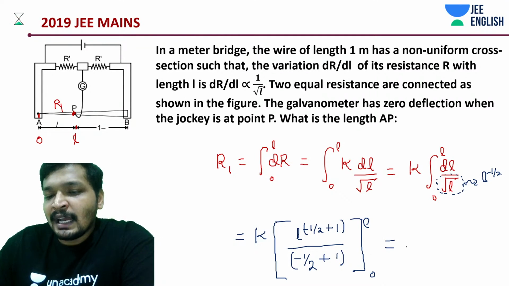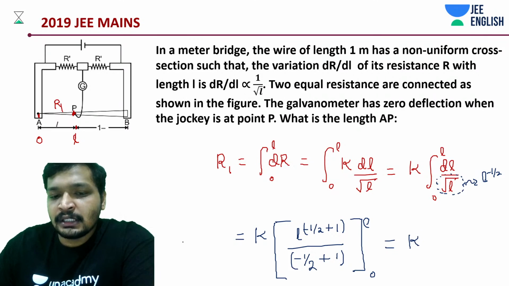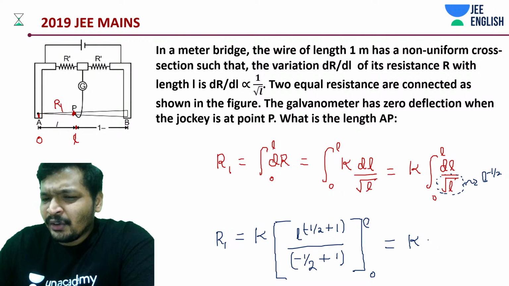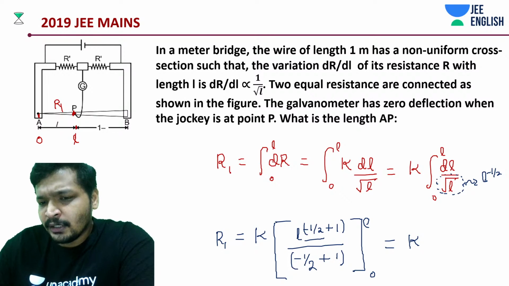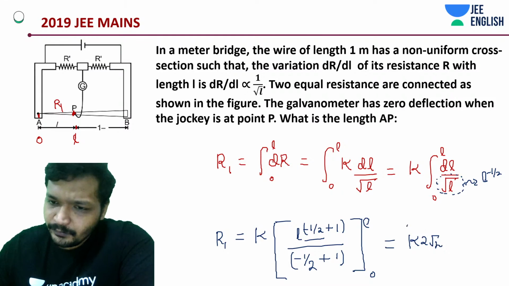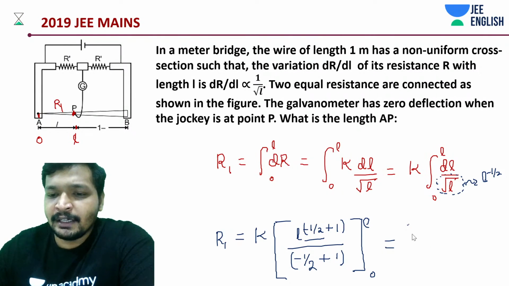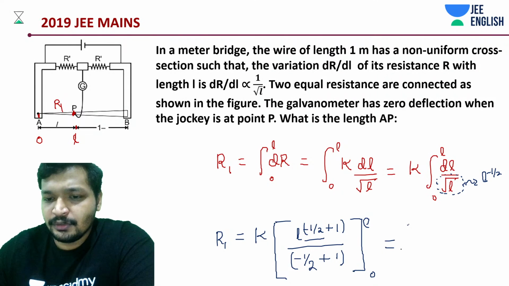Now, what happens to this function? This is R1 that we are finding. Don't forget, we are just working around R1. It's going to be how much? I told you this is going to be 2 root L. You integrate this part, it's going to be 2 root L. I have this habit of writing it down right away.